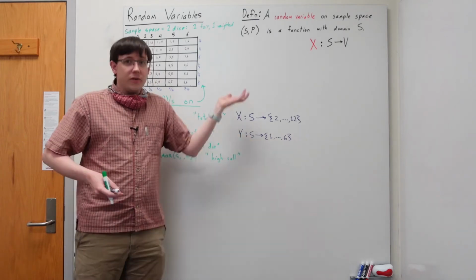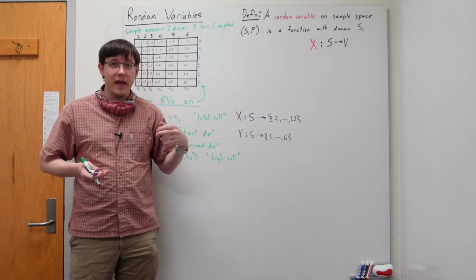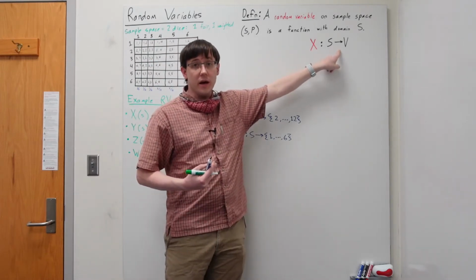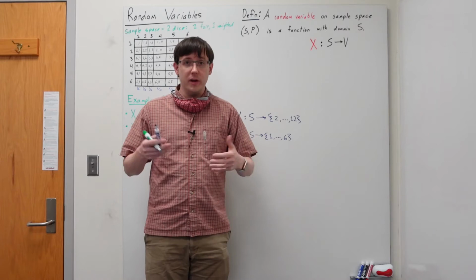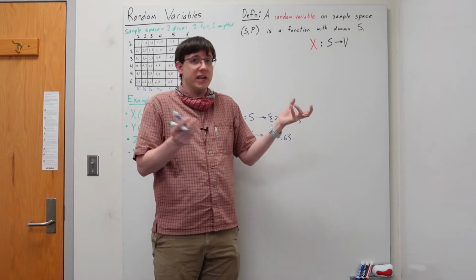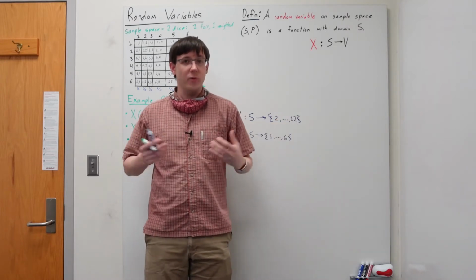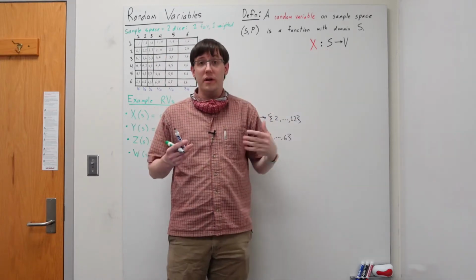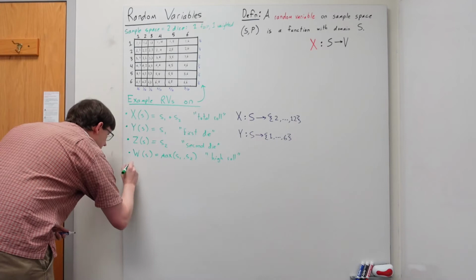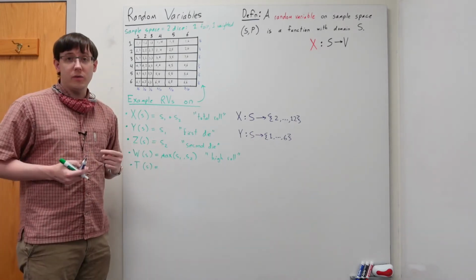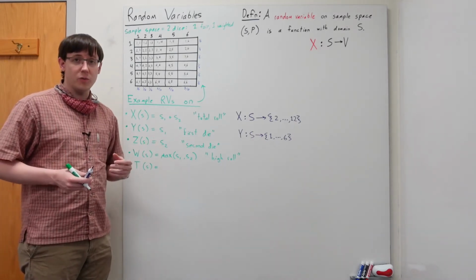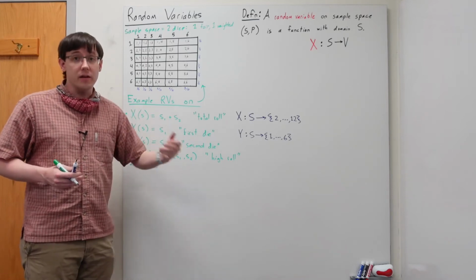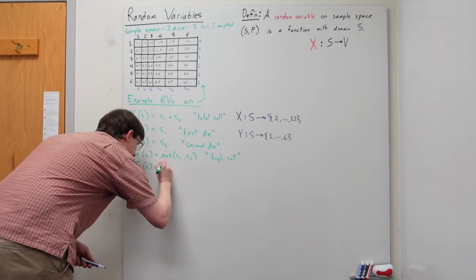So far, all of our random variables have had numbers for the values they could take on, but just like we can have variables stand for other objects besides numbers, we could have random variables that map our sample space to non-numerical values. And one thing we might be interested in with two dice would be the ordered pair with the higher of the two rolls and then the lower of the two rolls.